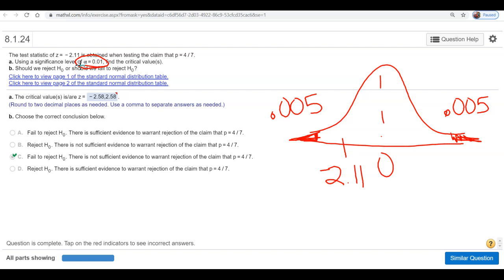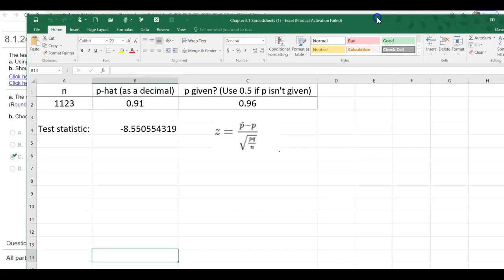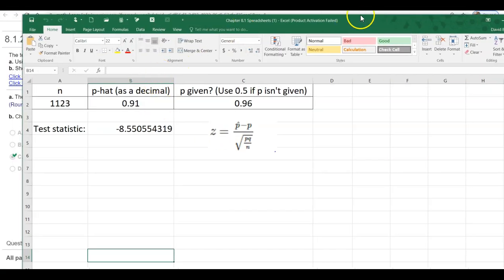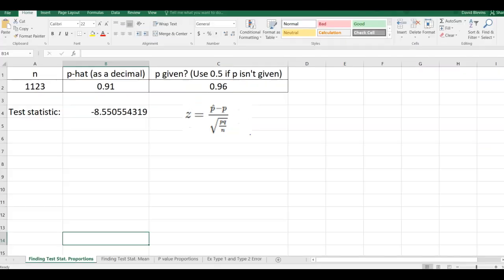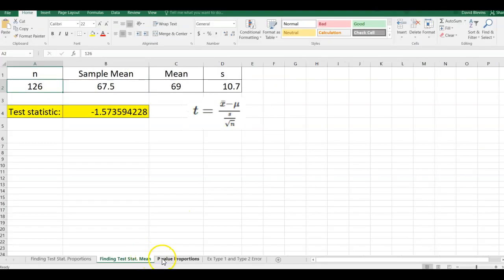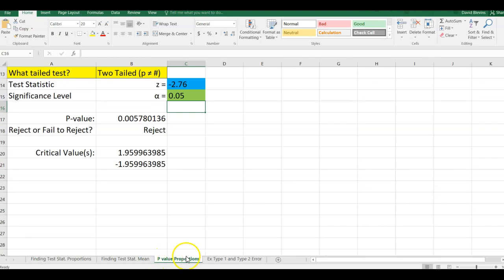So what I'm having to do is find z alpha over 2, which in this case is z.005. And that's one of the things we can do with these 8.1 spreadsheets. This right here gives me my critical values.